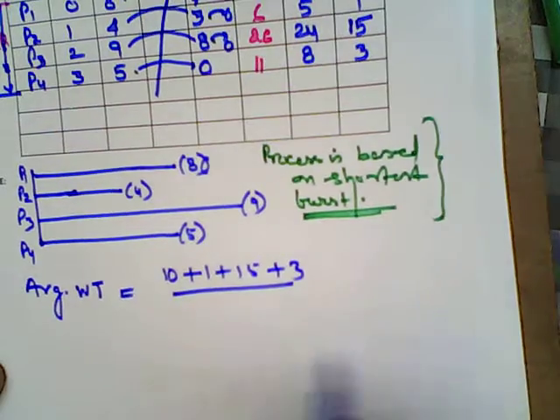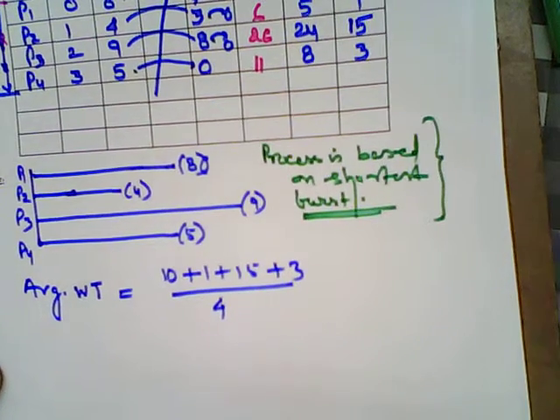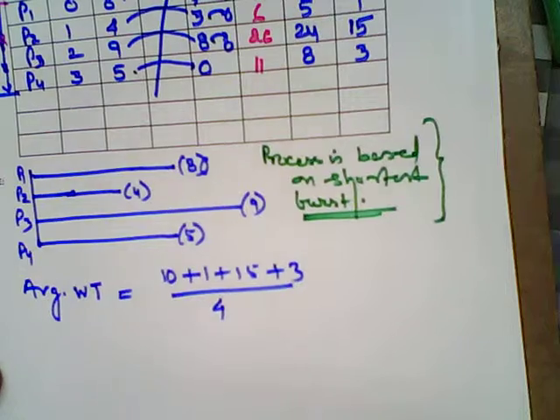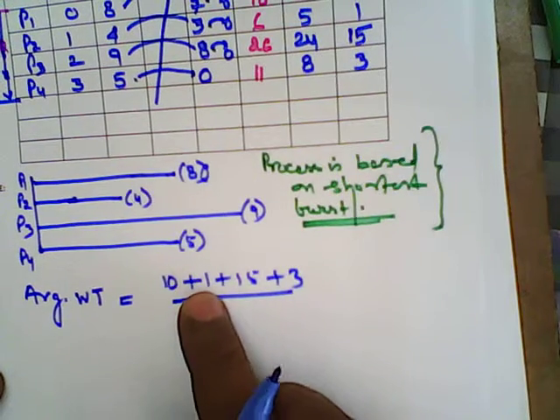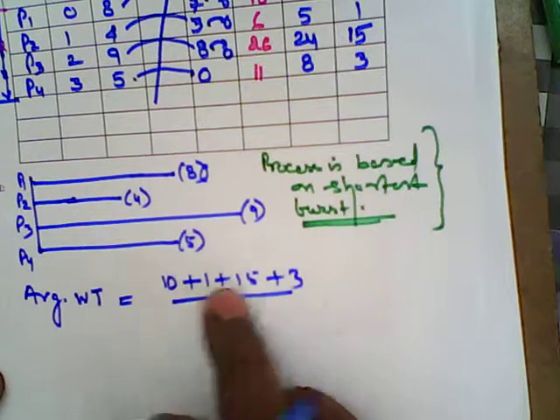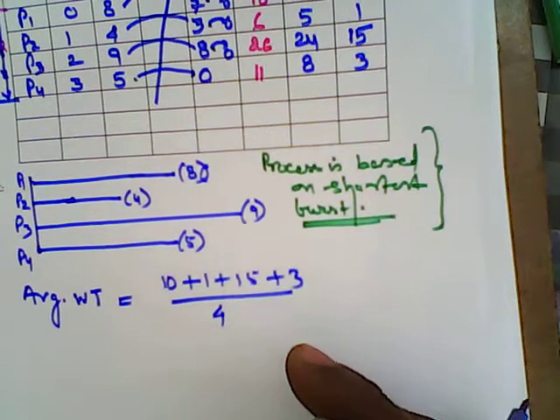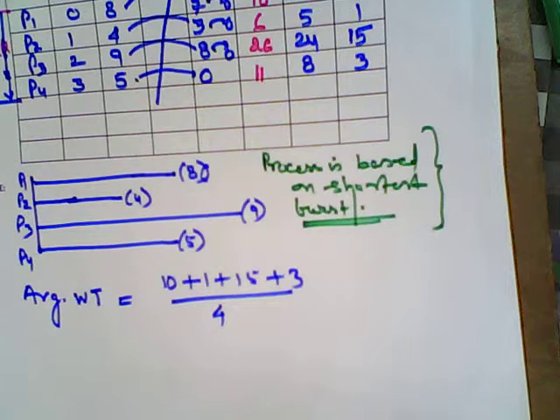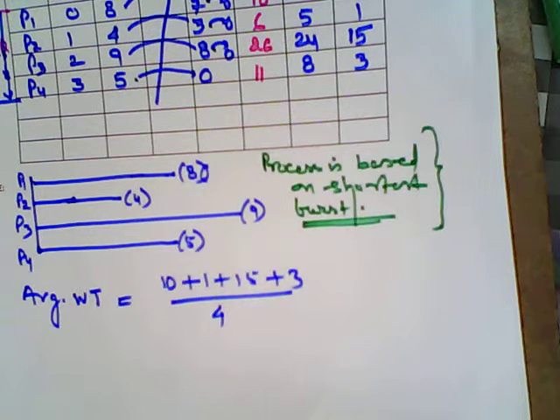So to compute for the 4 processes in this particular case: 10 plus 1 is 11, plus 15 is 26, 26 plus 3 is 29. 29 divided by 4 is coming around 6.8.